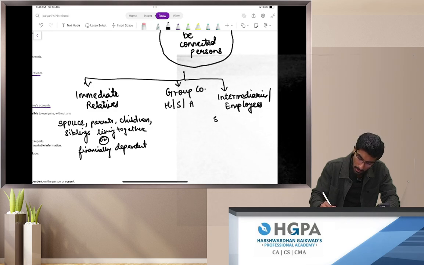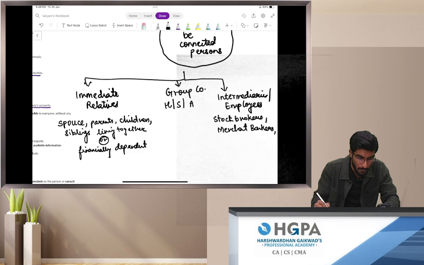Over here, stock brokers, merchant bankers, or auditors registered with SEBI.